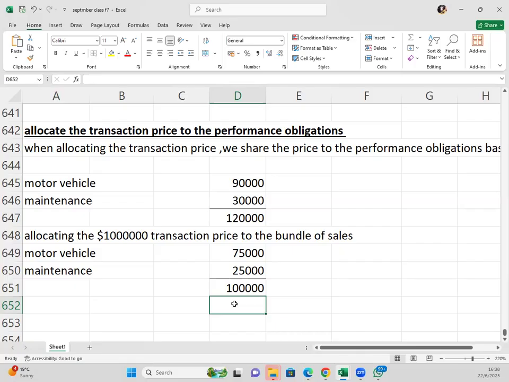To you, we are telling you maintenance is free, but to the organization, it is not free because we charge others for maintenance. So we have two performance obligations here, the vehicle and the maintenance. We allocated the price based on the standalone selling prices, which are the 90 and the 30.